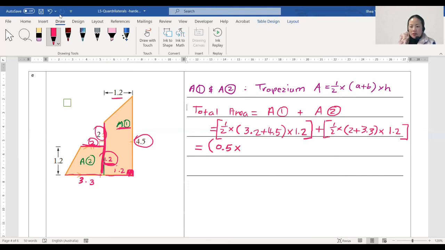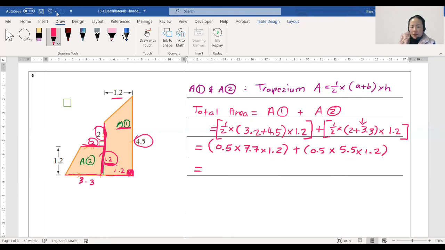Now what's that? 3.2 plus 4.5 is 7.7 times 1.2, plus 0.5 times, I'm doing this right now, 2 plus 3.3. Just think of it as money. $2 plus $3.30, 5.5 times 1.2. Okay, put that in your calculator.